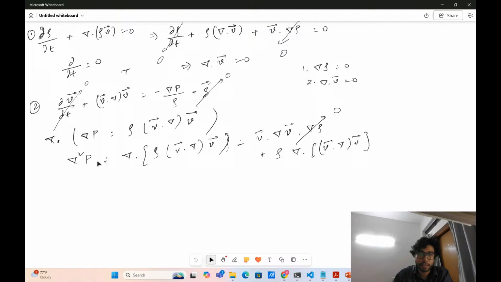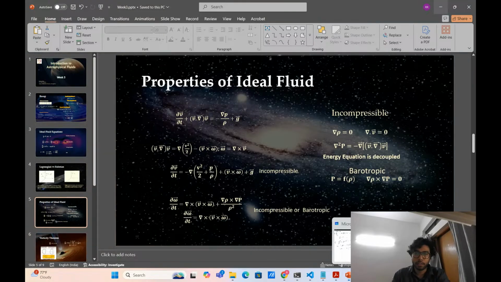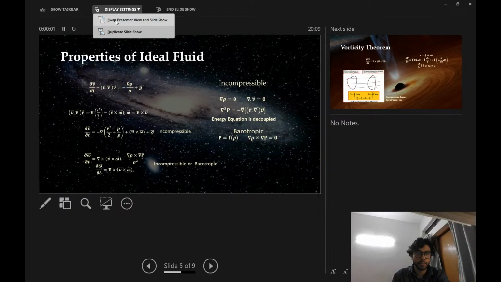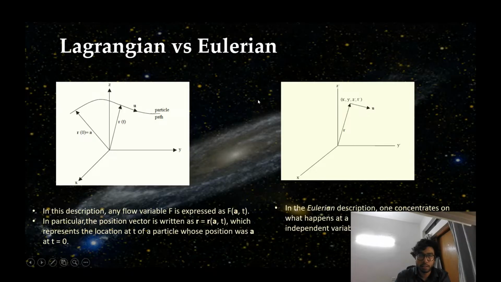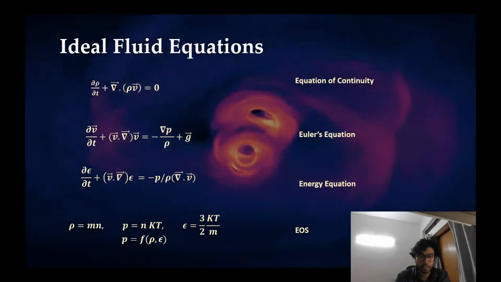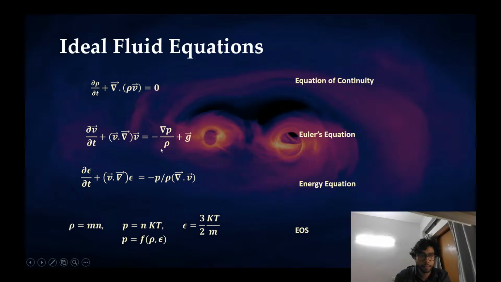So this is another condition that we have for incompressible fluids. This just states that the pressure can be expressed in terms of velocity. So instead of 6 variables, we'll have 5 variables in total. And what does this do? As a consequence, the energy equation will become decoupled. So for example, let me show it over here.